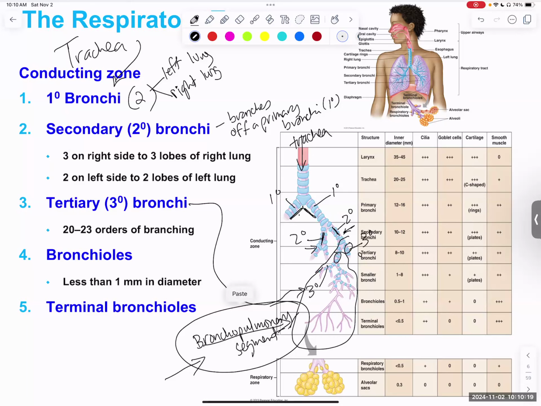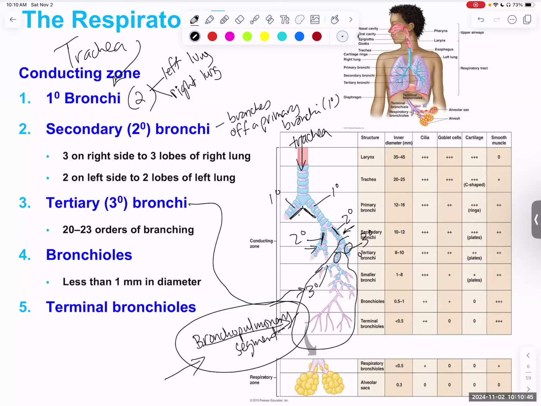That is what a bronchopulmonary segment is. It's its own control of airflow all the way from the tertiary bronchi to the alveolar lobes. So that's a bronchopulmonary segment. You can take out an entire bronchopulmonary segment. The rest of the lung bronchopulmonary segments are going to do their thing. So you can kind of section those off.